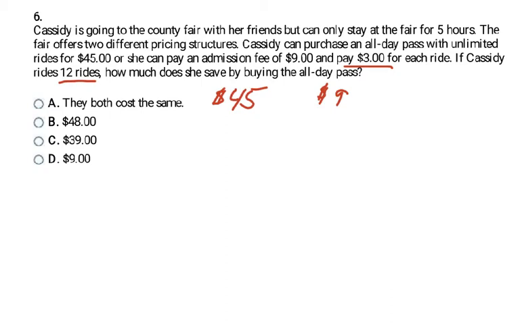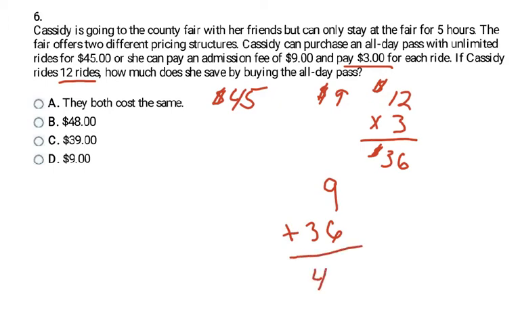So if she does 12 rides and they're each $3, that's going to be 12 times 3, which is $36. So if she goes that route, she's going to pay $9 in admission and $36 for rides. So to get the total, we're going to add those together, and that's $45 also. So she plans on riding 12 rides. Either way, she pays $45. So they are going to be both the same, letter A.